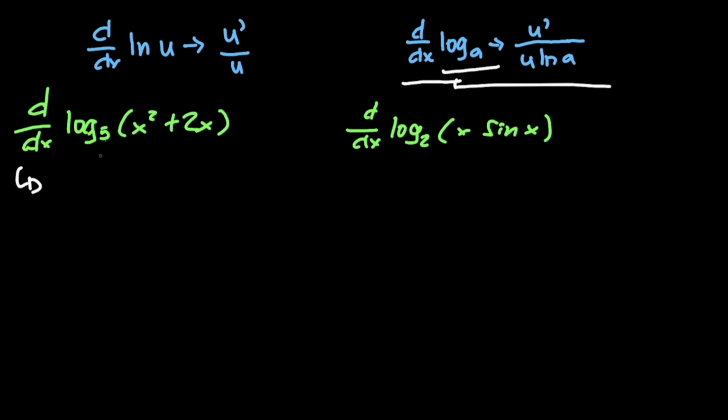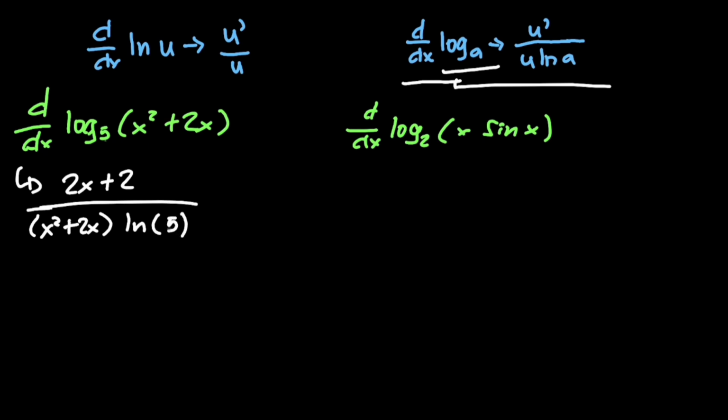Let's solve these problems. Derivative of logarithm of x squared plus 2x with the base of 5 will be 2x plus 2 over x squared plus 2x multiplied by the natural logarithm of 5. This will be the final answer.